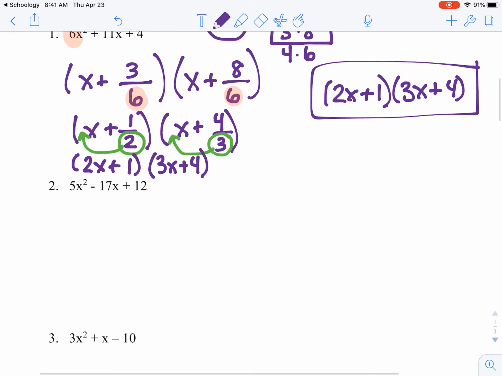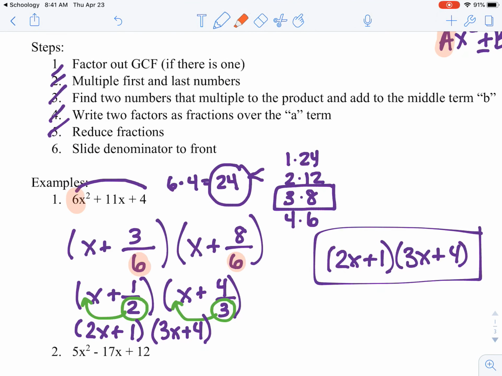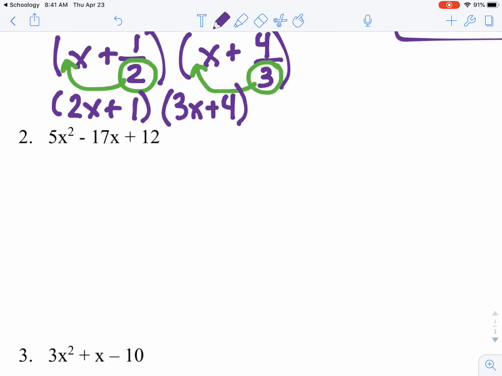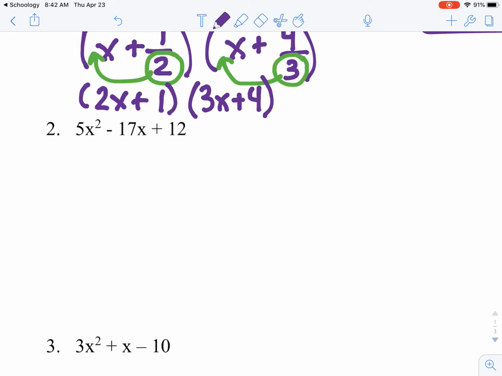All right, let's do the next example. I do think it helps to follow these steps while you're doing these divide and slide factors. So for the next example, first I look for a GCF. There is none. Then I'm going to multiply the first and the last values together. So 5 times 12 equals 60.